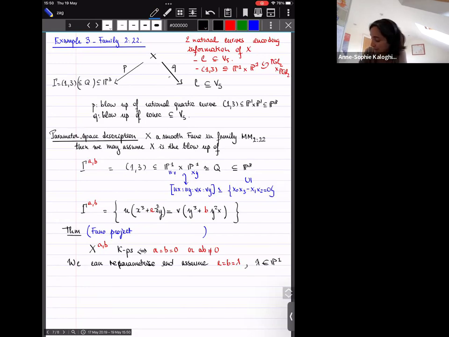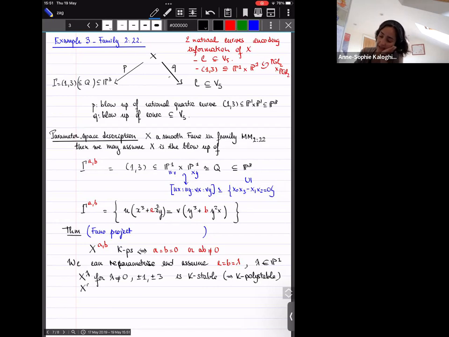then we find that X, which I now call X_λ, for λ not 0, not equal to plus or minus 1 or plus or minus 3, is K-stable, in particular K-polystable. So it is K-polystable and has finite automorphism group.